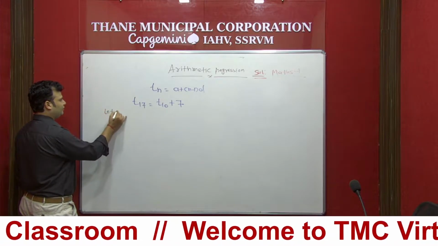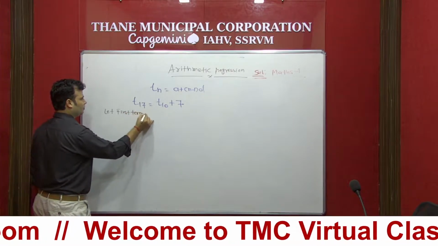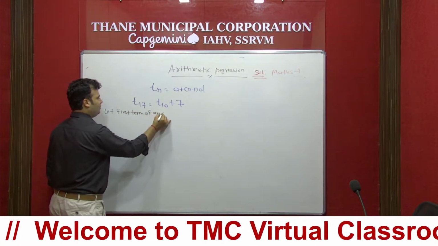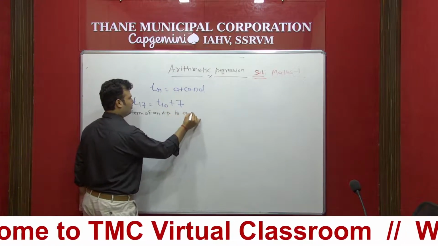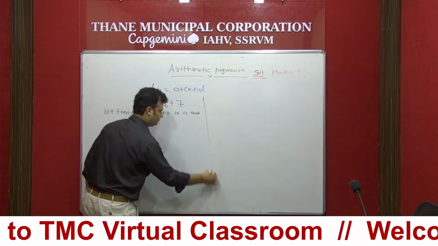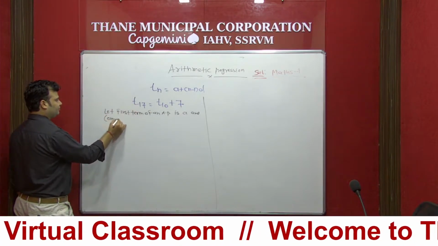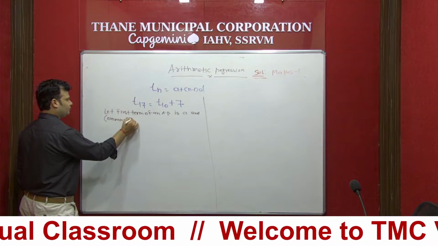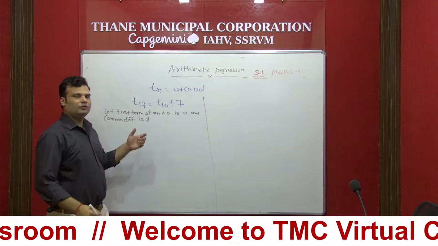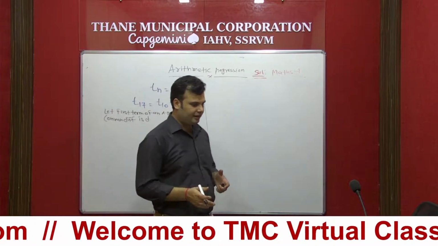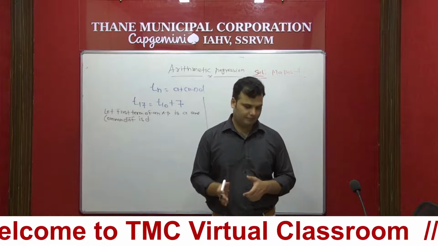let the first term of an AP be A and the common difference be D. So the given condition is, again I am reading, in an AP 17th term is 7 more than 10th term.